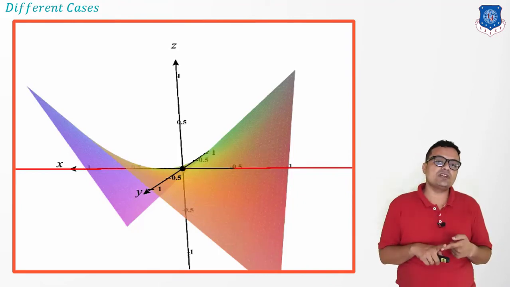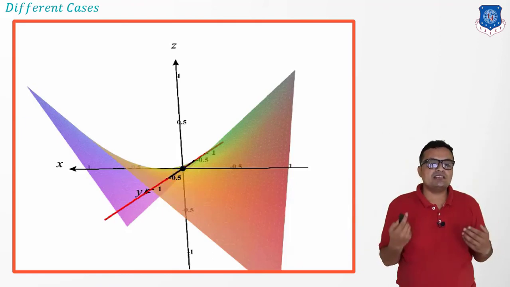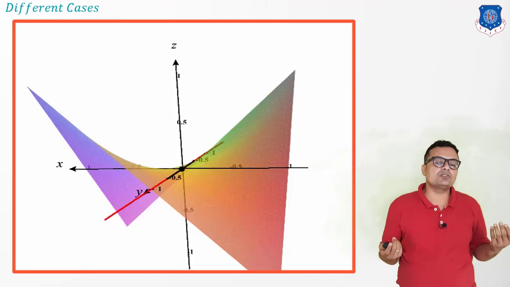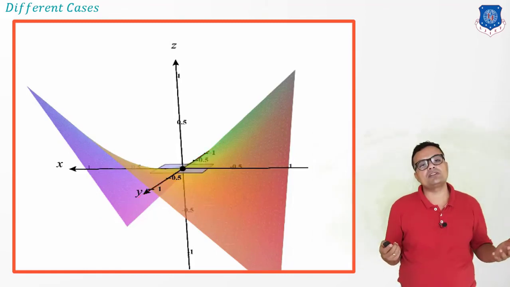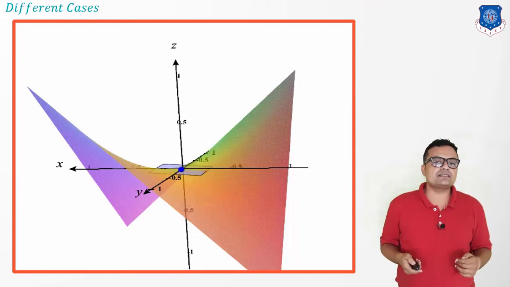And at the origin our tangent plane will be parallel to the xy plane, but at all other points on the surface our tangent plane will not be parallel to the xy plane. So all other points are non-critical points, where the origin only is the critical point.